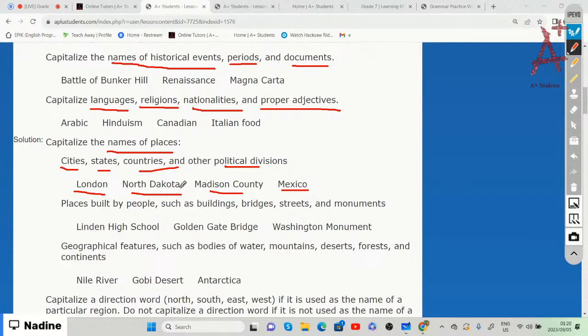So what also goes hand in hand with historical events, right? We also sometimes have historical buildings, right? So places that were built by people, such as buildings, bridges, streets, and monuments, right?